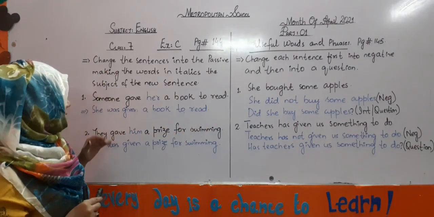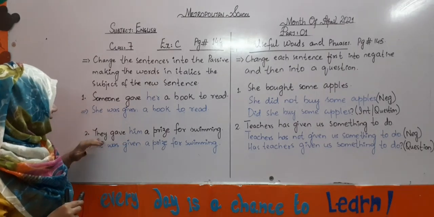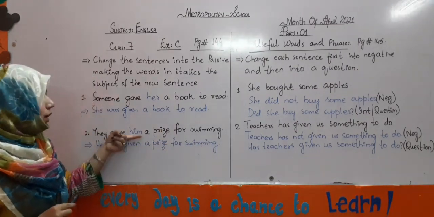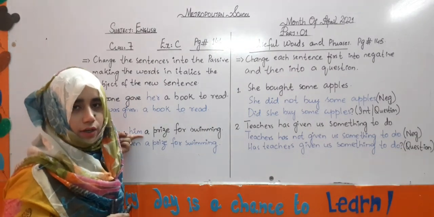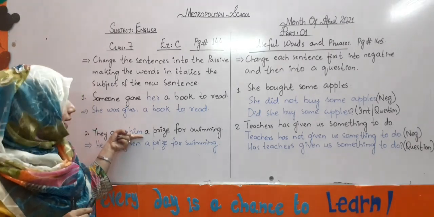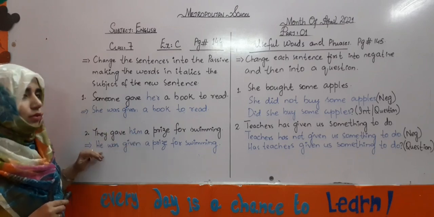Now let's have another example. They gave him a prize for swimming. Here the word "him" is in italics, and you will have to start your sentence using "him" as the first word. So "him" is used for a male person, it changes into "he."